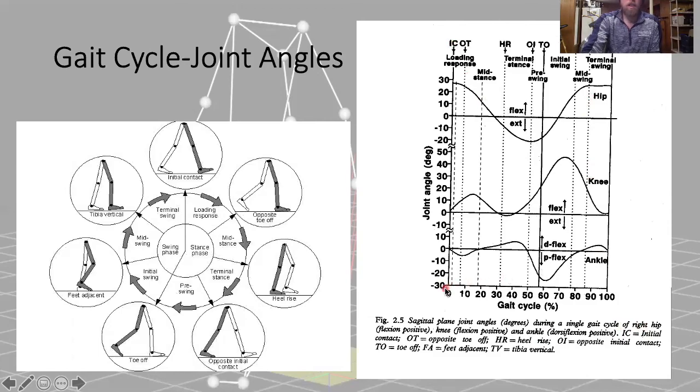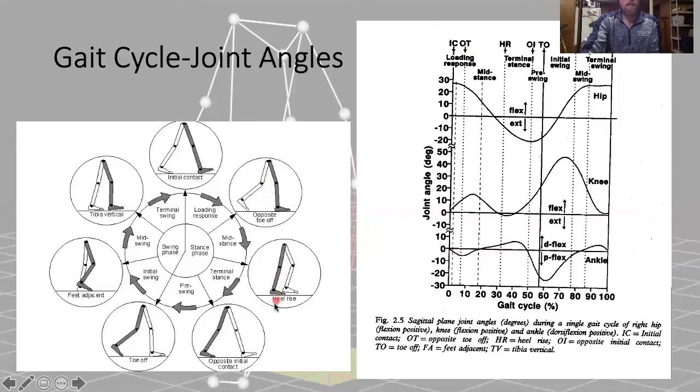Down here, your independent variable, what we're controlling for, is the gait cycle. So from 0%, which would be initial contact, all the way over to 100%, which would be back to initial contact again. And then we have the different parts of the gait cycle. Initial contact here, opposite toe off, which would be, in this instance, if we're looking at the right leg, the left leg toe off.